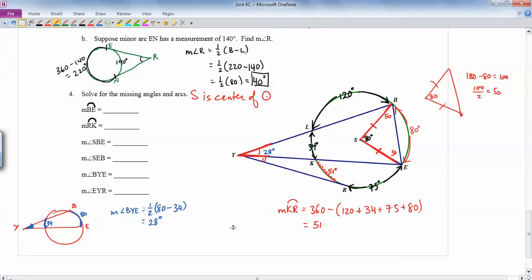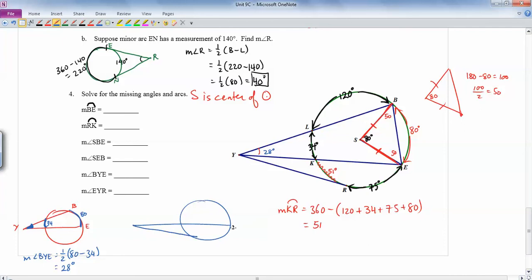And then if we did the same thing with this bottom angle right here, I'll draw that one by itself. Let me move this over. So if I draw the circle again, and just that bottom part, that's a tangent. It carves out two arcs.